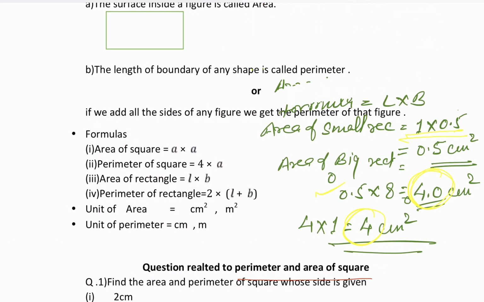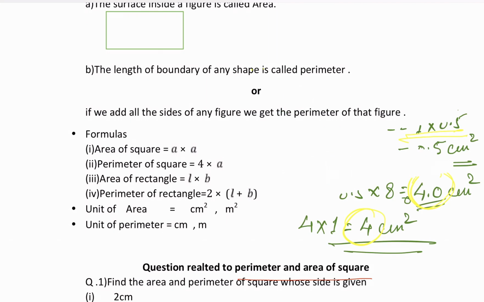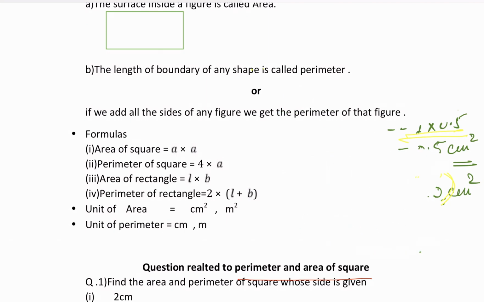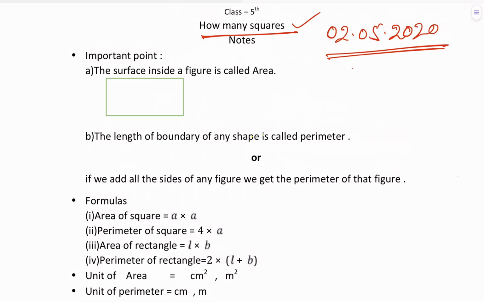Again, come to the perimeter of the rectangle. Perimeter of a rectangle is also known as the boundary of the rectangle. It is a rectangle.